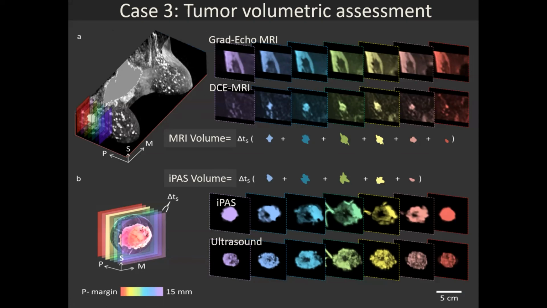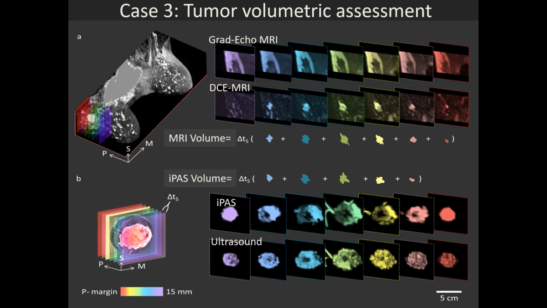This can be appreciated in the perspective view of the dynamic contrast enhanced MRI in the top left of panel A. On the right of panel A are selected slices, indicated also in the perspective view with color depth encoding. These slices show a gradient echo T1 weighted MRI image at the top without fat subtraction, and below that, a dynamic contrast enhanced series, which clearly shows the tumor mass from margin to margin.